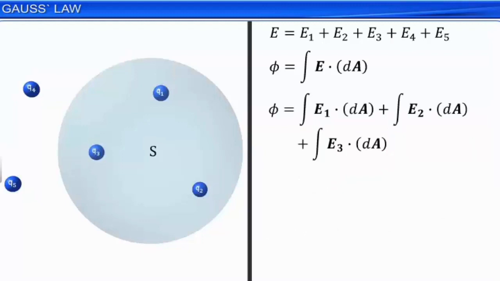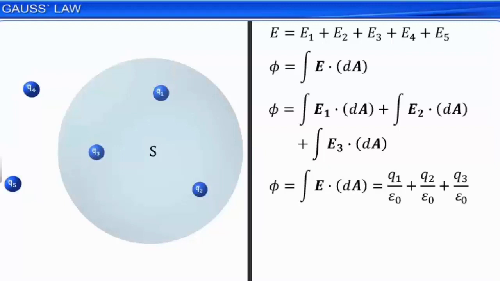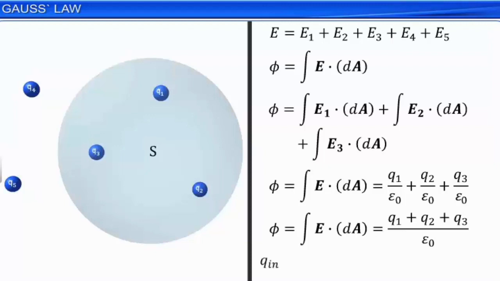Therefore, phi is now equal to Q1 by epsilon naught plus Q2 by epsilon naught plus Q3 by epsilon naught. Or we can say that net flux through the Gaussian surface is equal to Q1 plus Q2 plus Q3 by epsilon naught. Let the total charge enclosed within the Gaussian surface be Qin, the subscript in referring to inside of the closed surface.